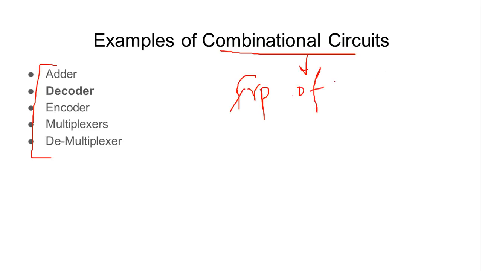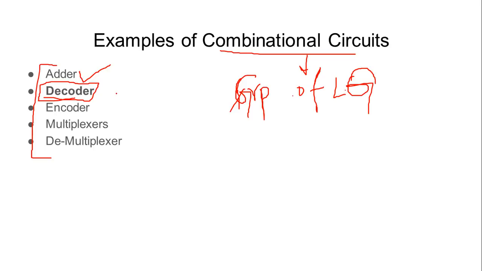So wherever you use a group of logic gates, you can represent that as a combinational circuit. In the previous session we discussed adders. Today our focus will be on decoders. We will learn in brief how decoders work, what the various examples of decoders are, and what their applications are, and we will understand each and every aspect of the decoder in a detailed manner.